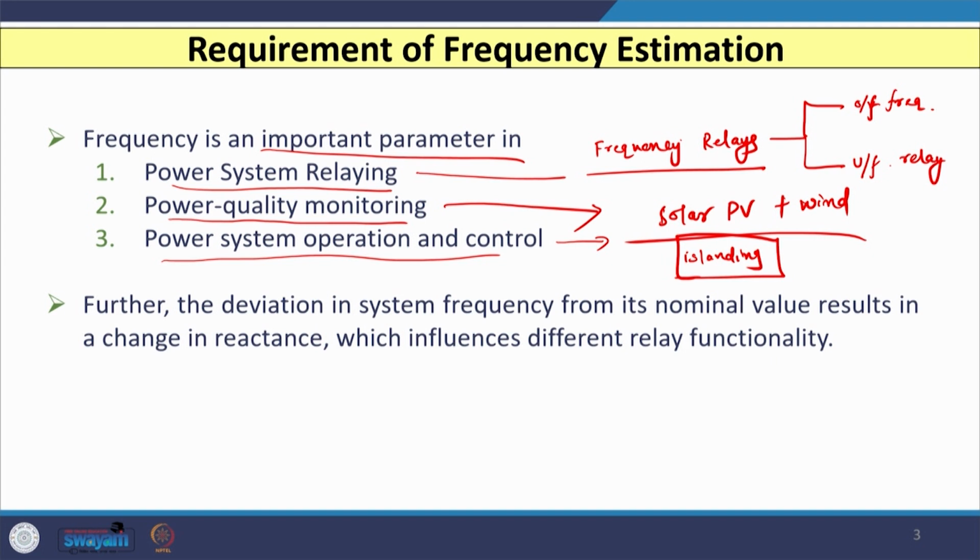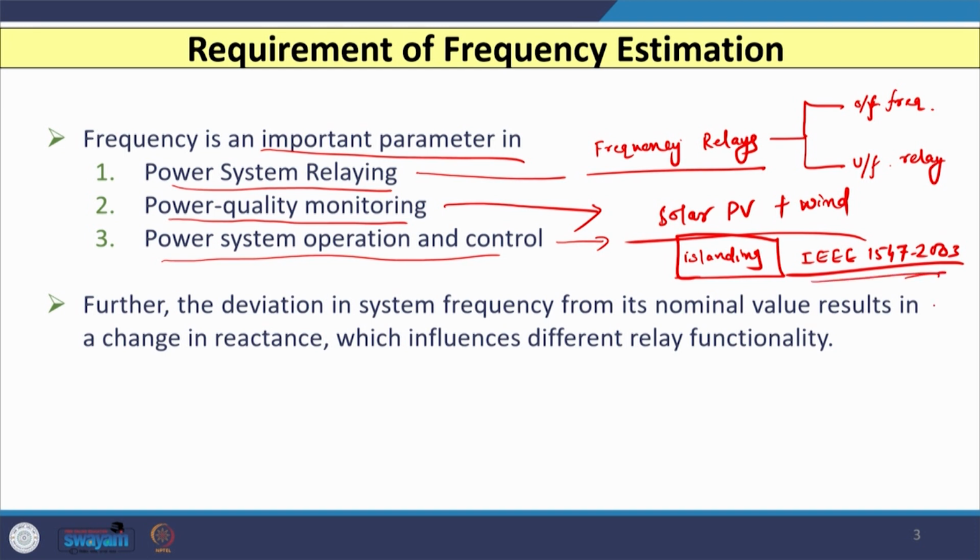In this case, when we integrate renewable energy sources like solar PV or wind with our conventional grid, we have to follow the IEEE 1547 2003 standard, which was amended later in 2012 and in 2018.